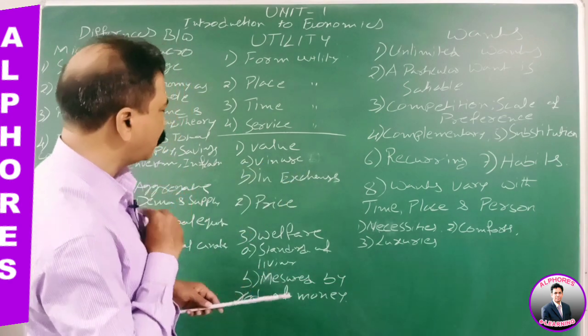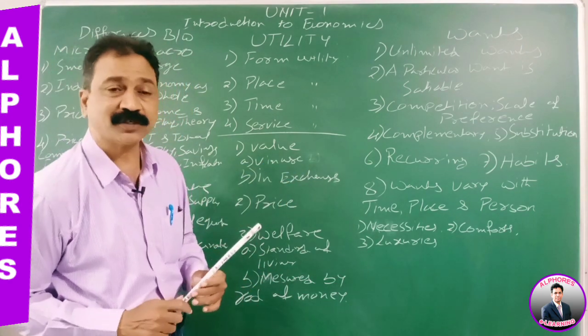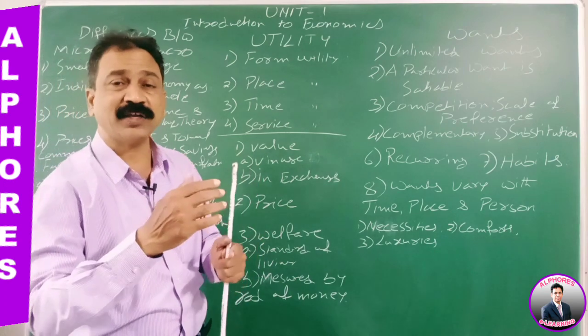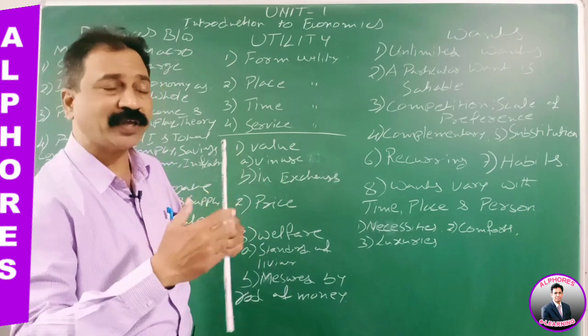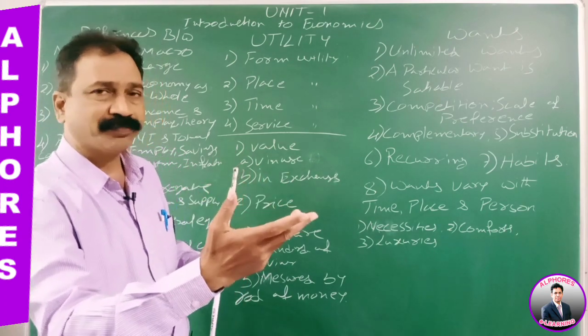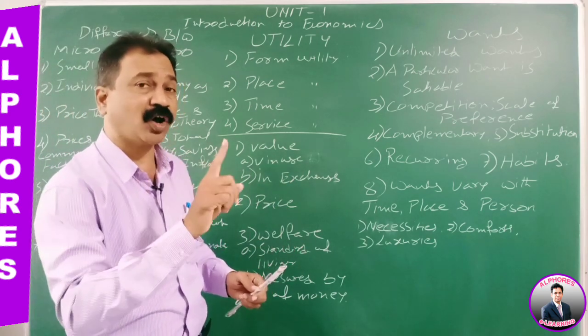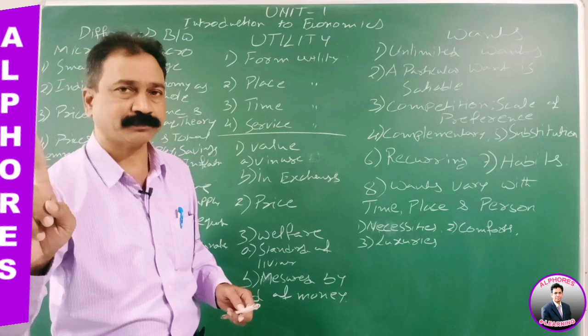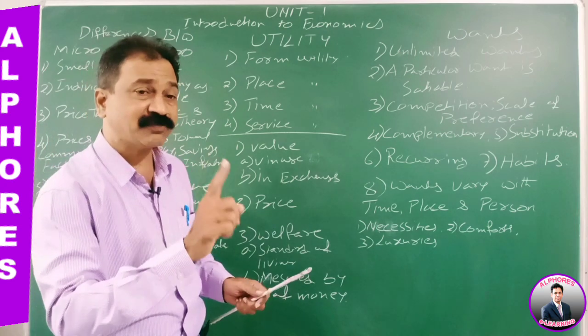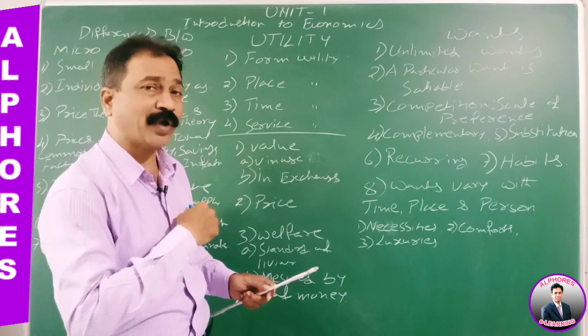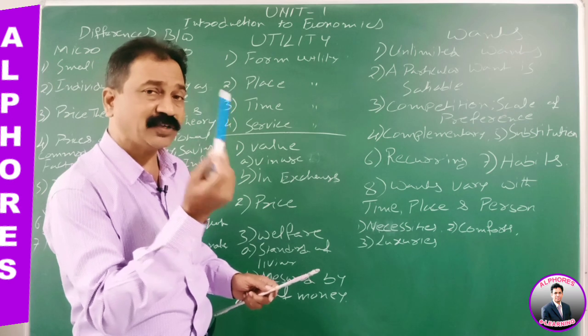Okay, now let us go to the price. Price means whatever you exchange monetarily, the money which you exchange for a commodity is called price. Already I told you, price and cost are different concepts. Price is what a consumer pays to have it.